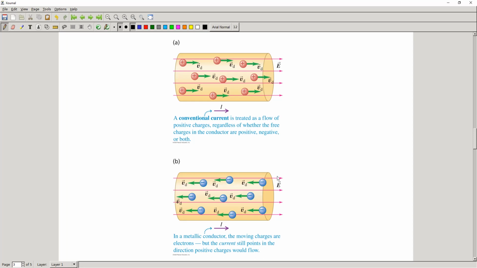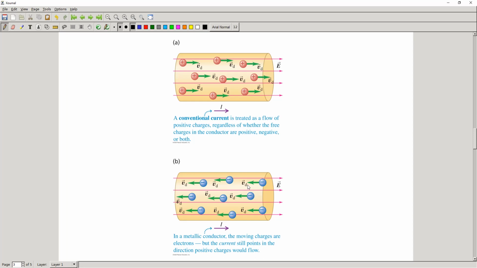We can see our electric field set up in the wire here again, so our negative charge is going to move to the left. This is again producing a current to the right, because it's negative charge moving left, so it means current moving right. And so both of these are going to have the same current to us. We don't really care if it's positive charges moving to the right or negative charges moving to the left.